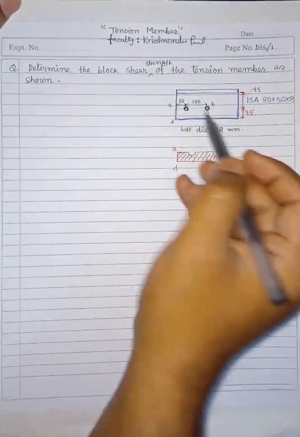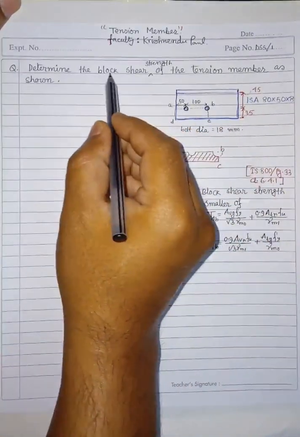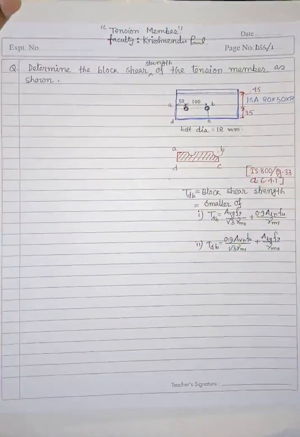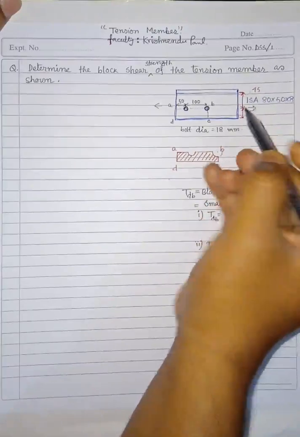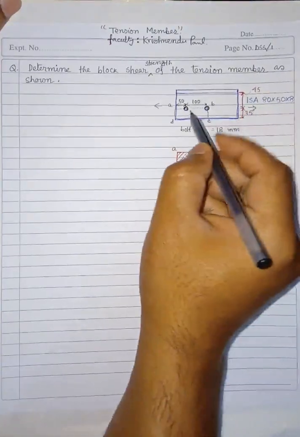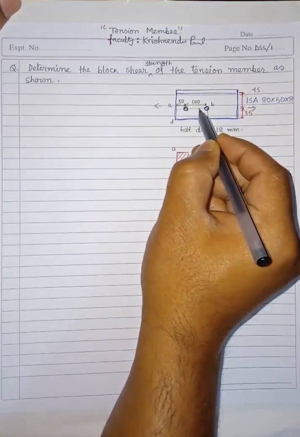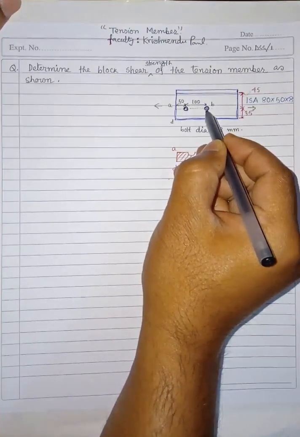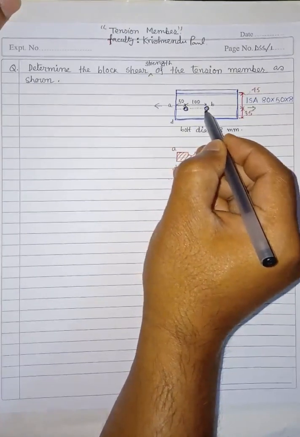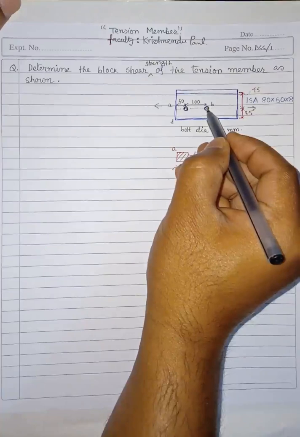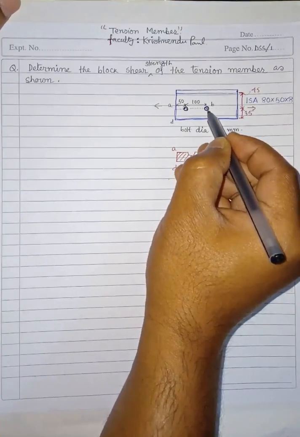Here, in this figure, you have to find block shear strength. What may happen if you apply some tension force in this direction, then this block, from this point, like this will be the line of failure. It will go along the center line of the bolt, and here also it will touch the center point, and then it will shear out.